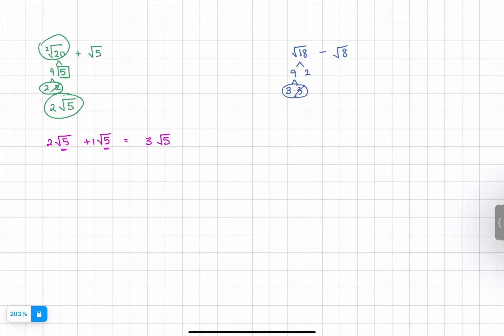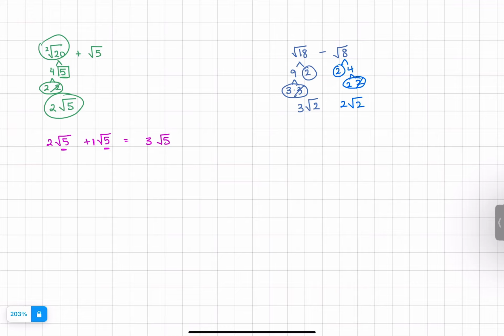So one 3 gets eliminated. So 3 goes on the outside, and the 2 that's left alone comes on the inside. And simplifying root 8, so 2 times 4, and then 2 times 2. So group them by 2. One 2 goes on the outside, and the 2 that was left alone goes on the inside.